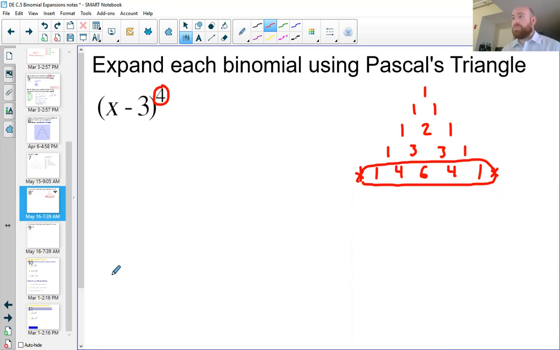So I'm going to spread out my coefficients 1, 4, 6, 4, and 1. And I'm going to put a plus sign in front of each of them.